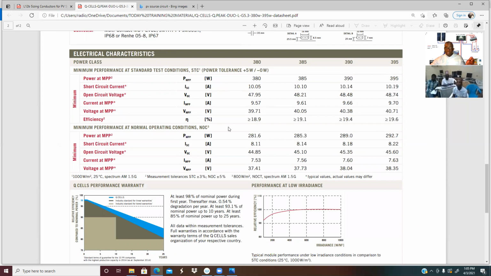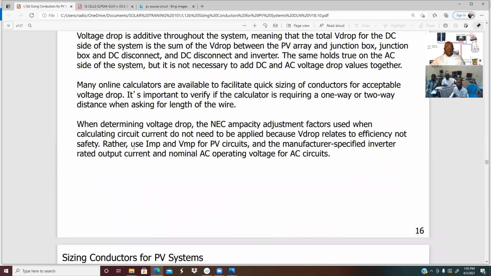Now, if we were trying to find the voltage drop, we will use the Imp and Vmp for the PV source, and the manufacturer-specified inverter rated output current and nominal AC operating voltage for the AC source.